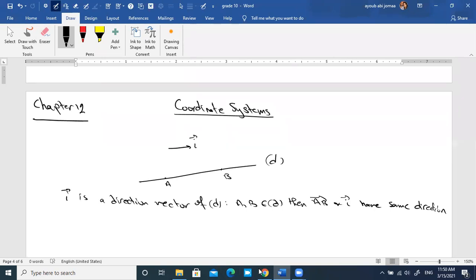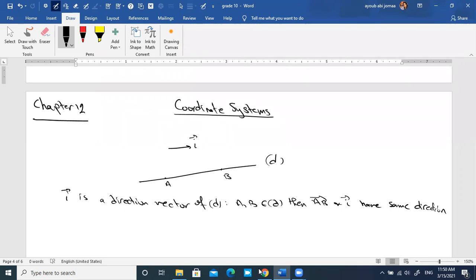Okay, vector I is a direction vector or directing vector of a line. It means that for any 2 points on the line D, A and B, vector AB and I have the same direction.